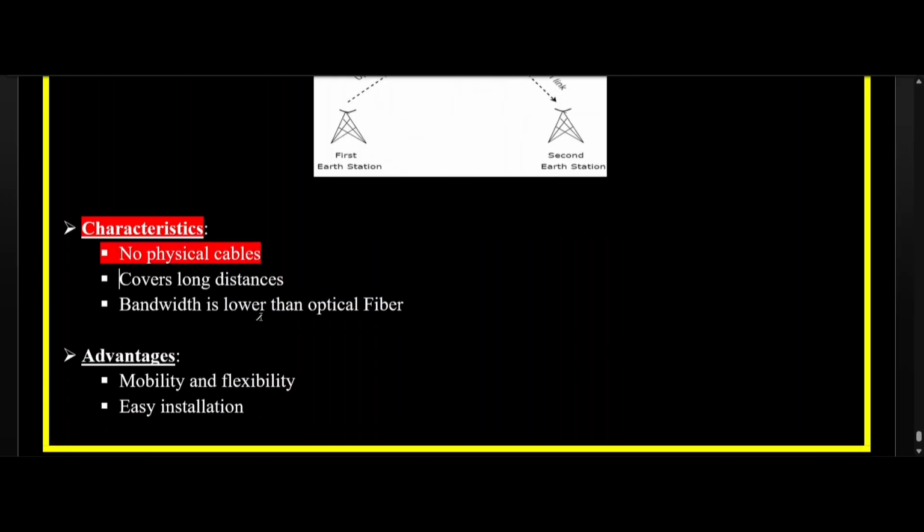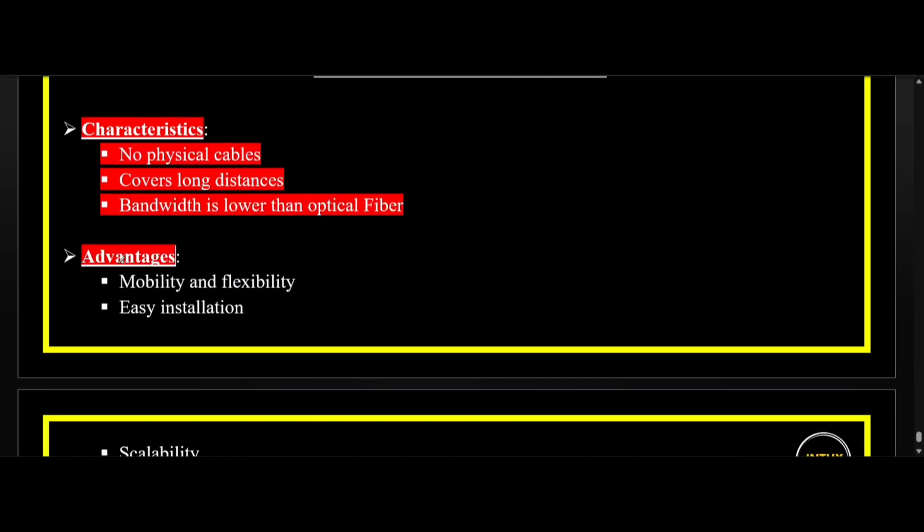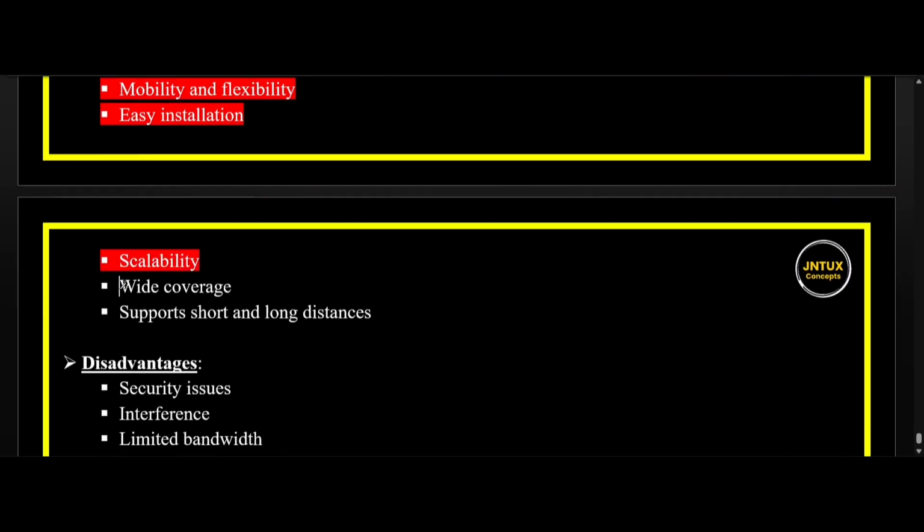What are the characteristics of wireless transmission media? It has no physical cables. It covers long distances. Bandwidth is lower than optical fiber. So let's move to the advantages. It has mobility and flexibility. It is not a wired connection, so it has higher mobility and is easy to move. Easy installation, easy to scale to large numbers, and wide coverage.